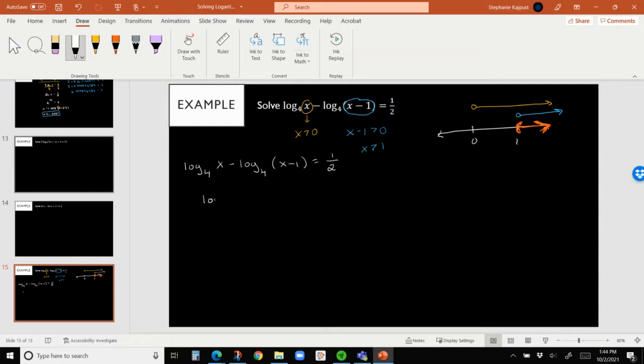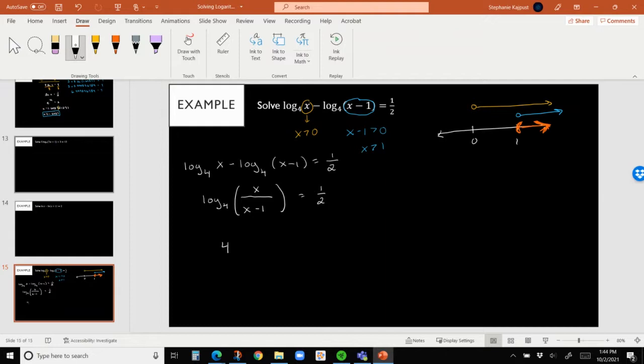So this combines to log base 4 of x over x minus 1. So this is part of what we call condensing a logarithm. So now that I've condensed this, now I have a single log by itself. And so now I can put it in exponential form.